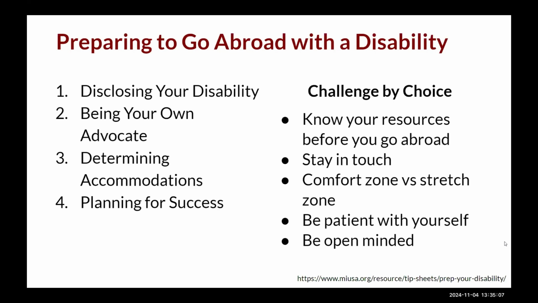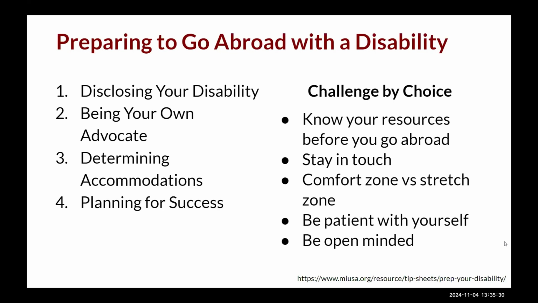It is important for you to be your own advocate and understand what you need and what is best for you. Because of the different laws in place, some accommodations may not be exactly the same.